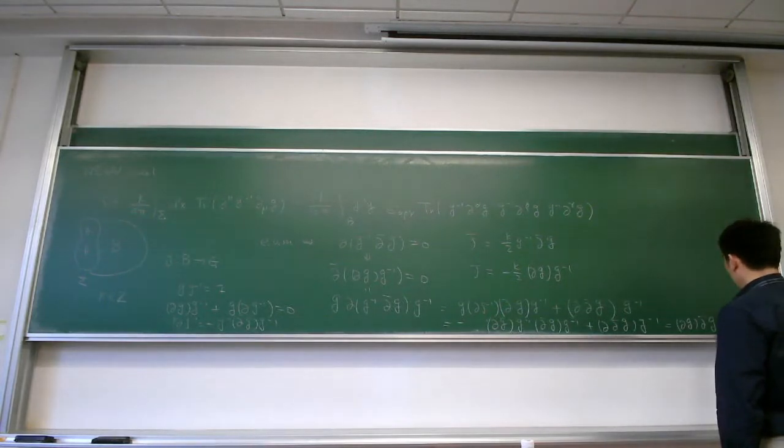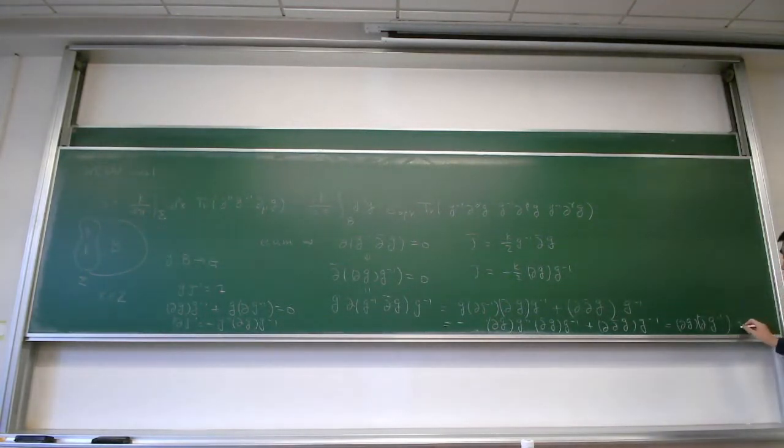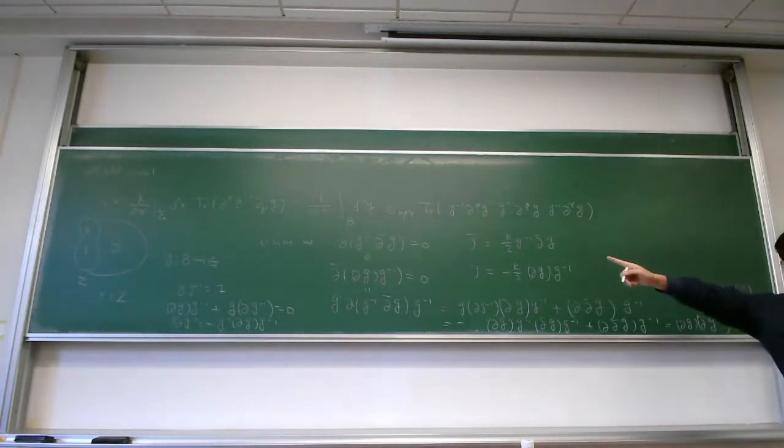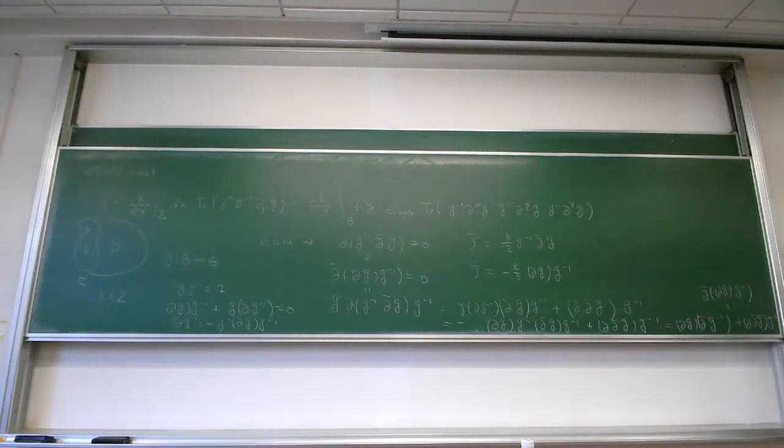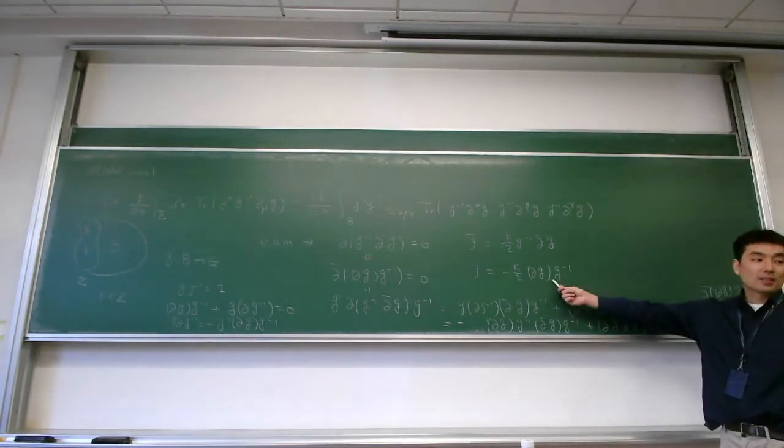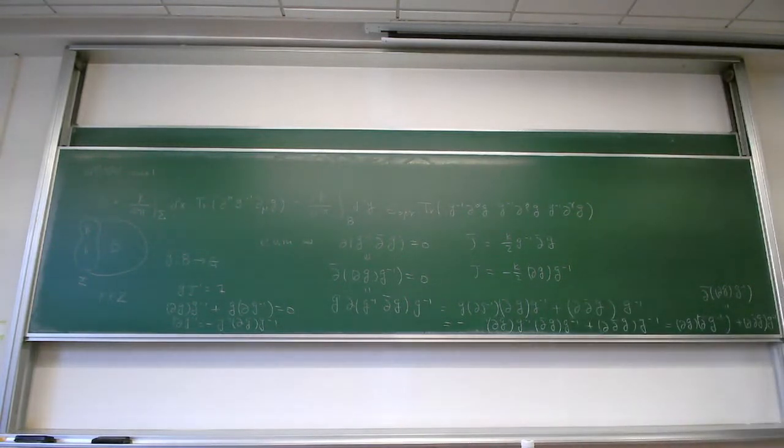So this is equal to ∂G inverse plus, okay, you understand? So you got the original. Therefore the holomorphic current can be written like this. This one I didn't derive last time, and one student asked me how to derive it. That's a fair question.